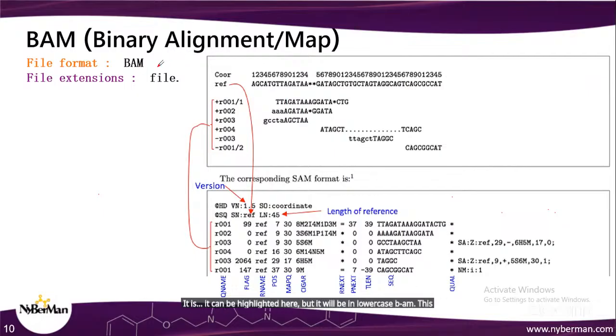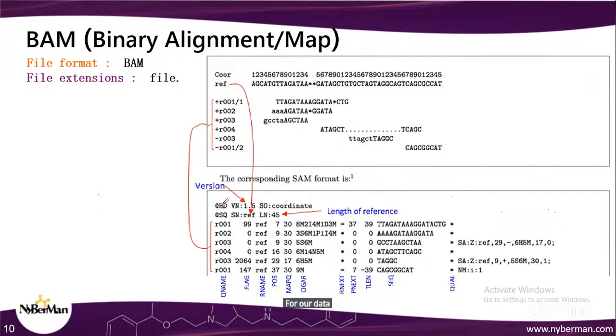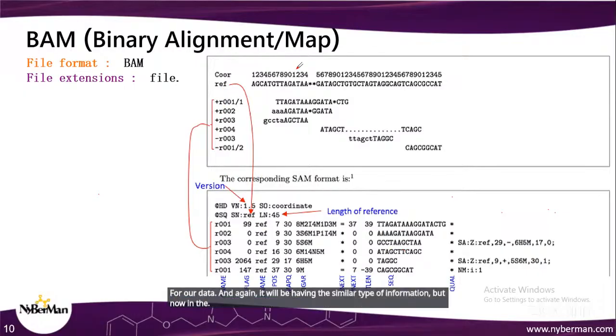This file will be helpful for us because it will help us visually see what is happening in our sequences, where the nucleotide is captured more, and where the frequency of the captured nucleotide is lower, based on which the quality scores are assigned for our data. And again, it will have similar information, but now in binary format.